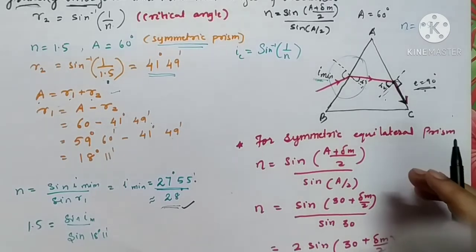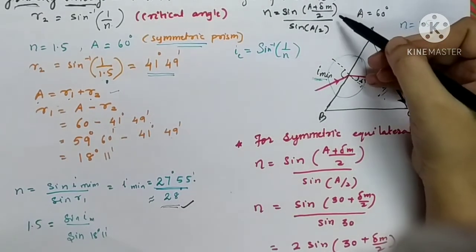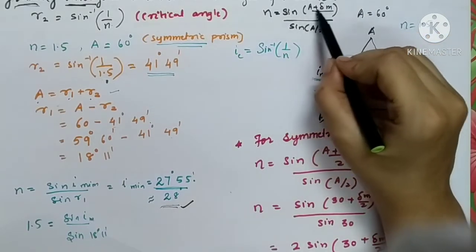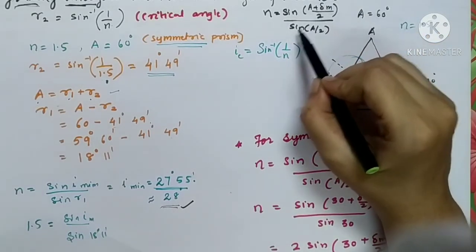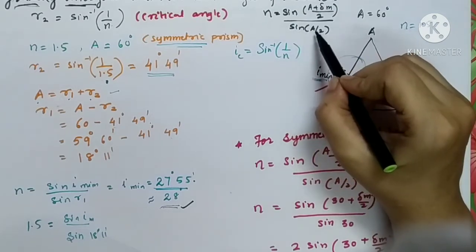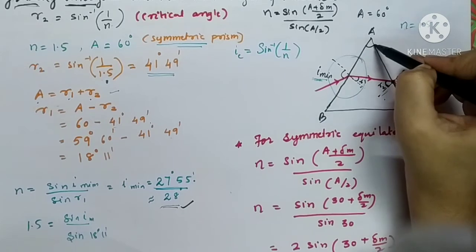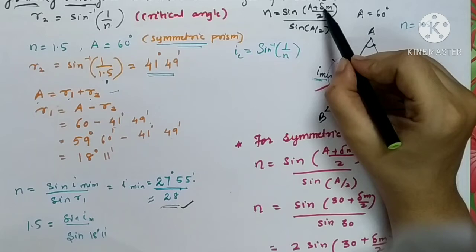Now one more thing. We have the formula of refractive index of a prism, n is equal to sine of (A plus delta m) upon 2 divided by sine of A upon 2. What is this A here? We all know it is the angle of prism or refracting angle. What is delta m?